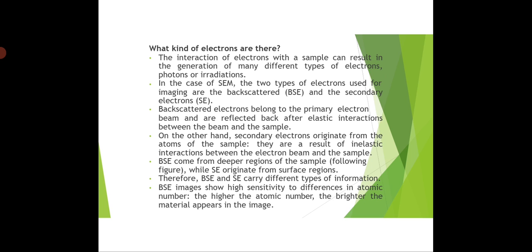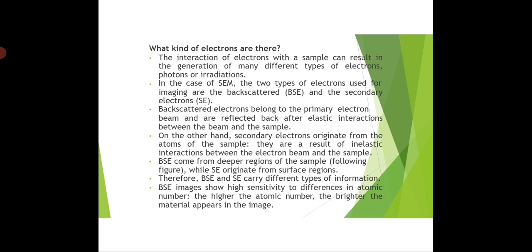Backscatter electrons belong to the primary electron beam and are reflected back after elastic interaction between the beam and the sample. On the other hand, secondary electrons originate from the atoms of the sample. They are a result of inelastic interaction between the electron beam and the sample.